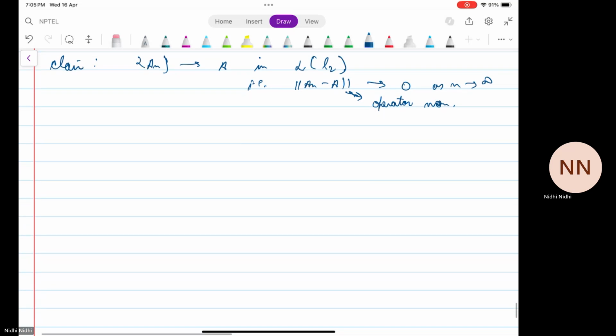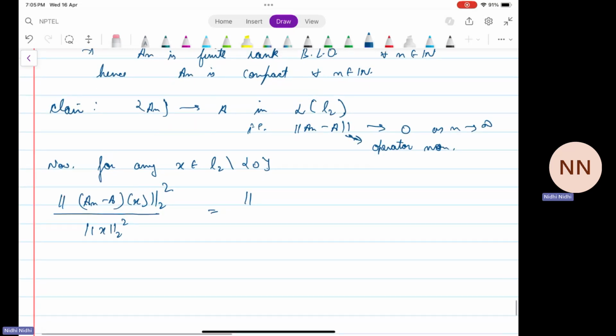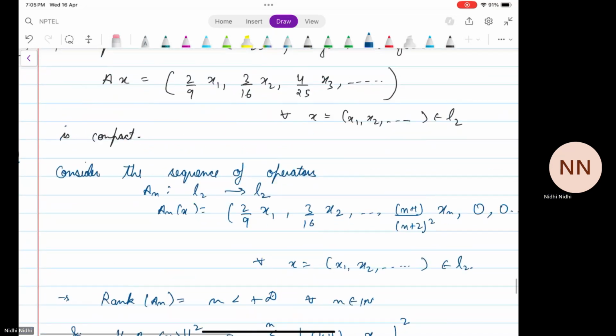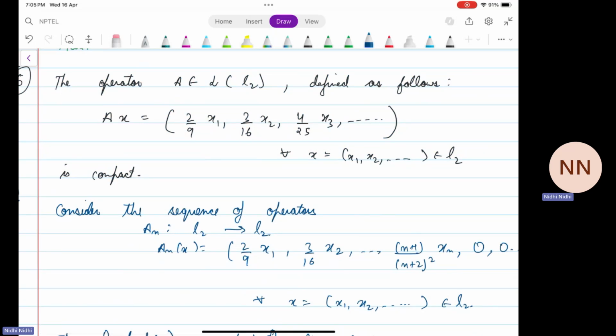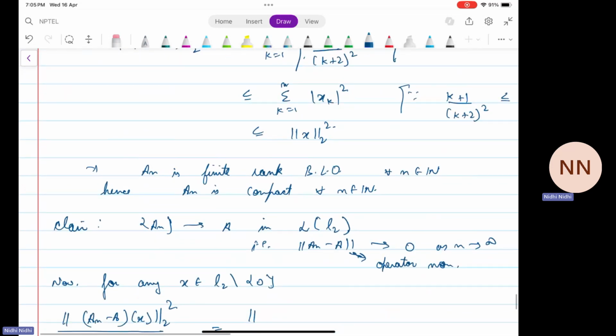Now, for any x belonging to L2 minus 0, that means it's a non-zero vector in L2, consider the L2 norm squared of (A_n minus A) x divided by the L2 norm of x. This is equal to, now since the first n terms of A_n x and A x are the same, we would be left with the terms after n plus 1.